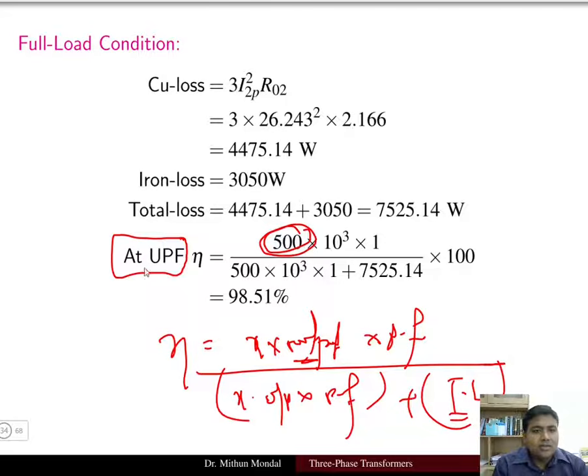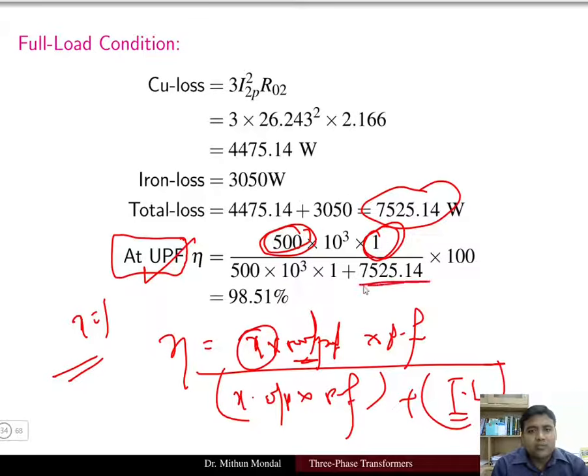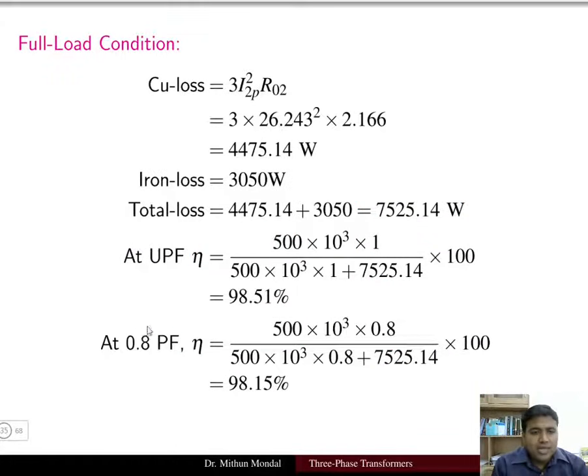Power factor under unity power factor condition is 1, and we are giving x equal to 1 for the full load condition. So the iron loss and the copper loss together make up to be 7525 watt, which gives the efficiency to be 98.51%.